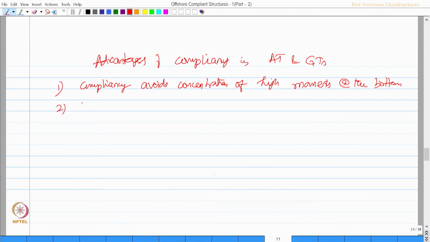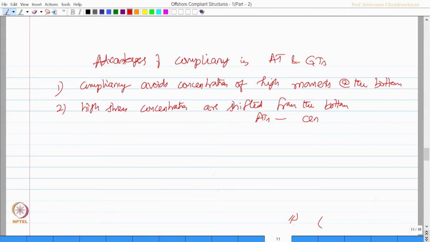Therefore, high stress concentrations are shifted from the bottom. Maybe in ATs it is shifted to the central tower. In GTs it is shifted to again the tower at 1/3 height.